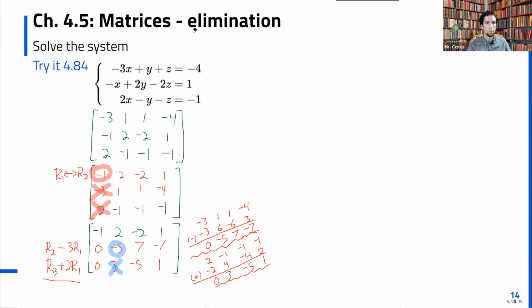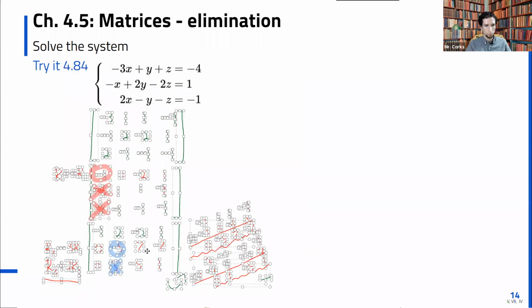I'll rewrite our matrix. We'll just continue up over here. Let's just move all this over.